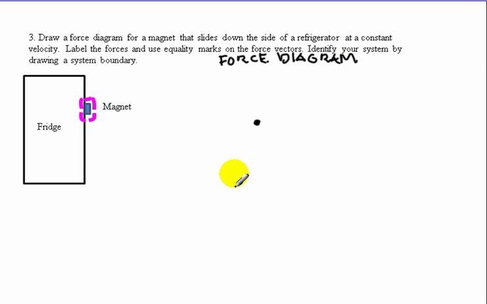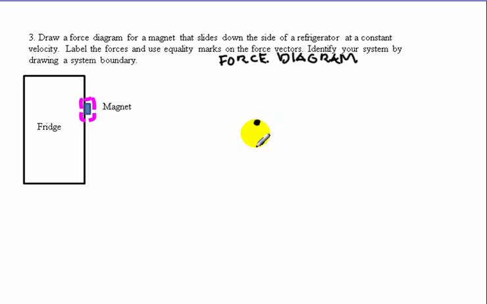Alright, so the first thing we should do, once we have this point, is sketch a set of parallel and perpendicular axes. It's pretty obvious now in the examples you've seen so far that one axis is going to be like this and the other axis is going to be like that. But we should jump ahead and think about the rules a little bit. It says we want one axis to be in the direction of motion, if there is motion.